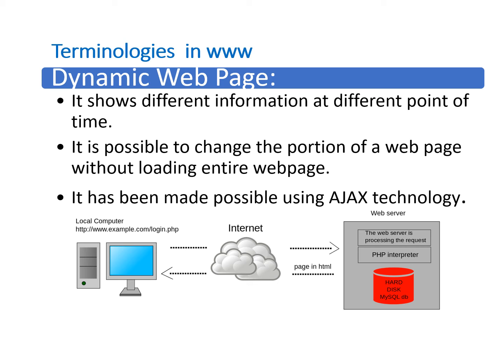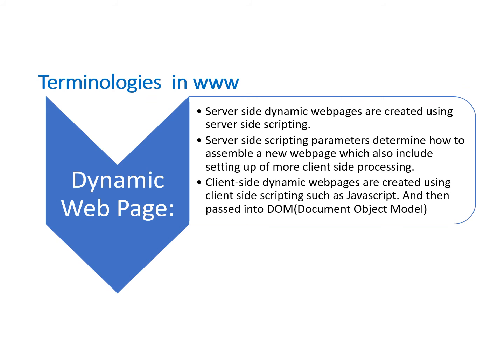That is data transfer. A user can interact with this type of dynamic web page. So server-side dynamic web pages are created using server-side scripting. Server-side scripting parameters determine how to assemble a new web page, which also includes setting up more client-side processing. And client-side dynamic web pages are created using client-side scripting such as JavaScript, and then passed into the document object model.